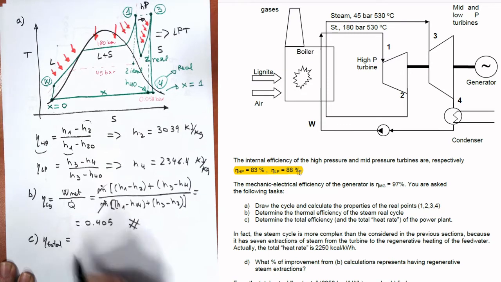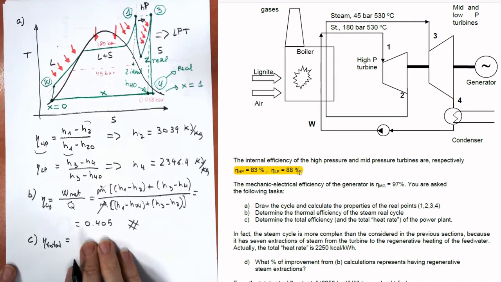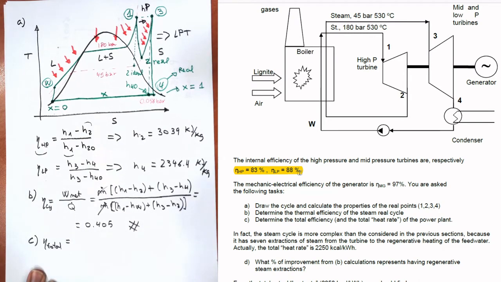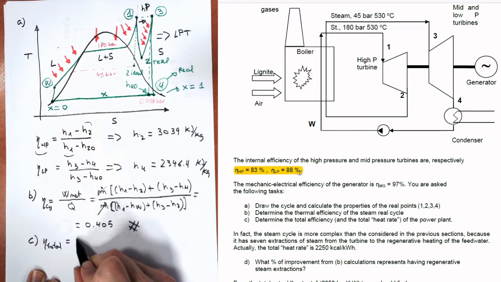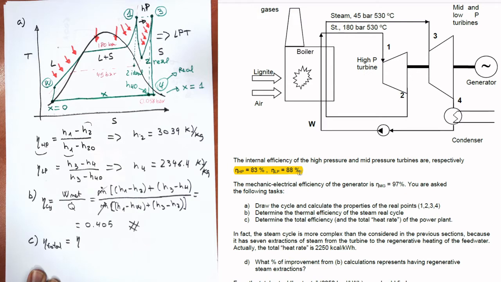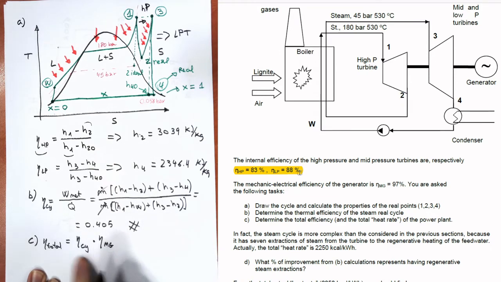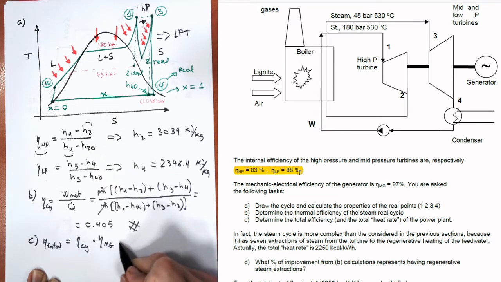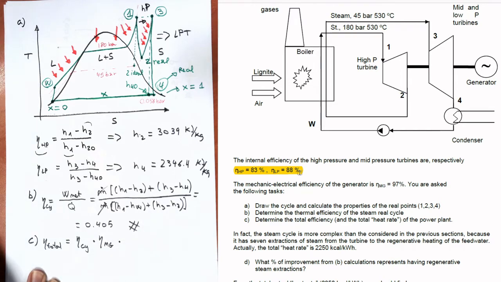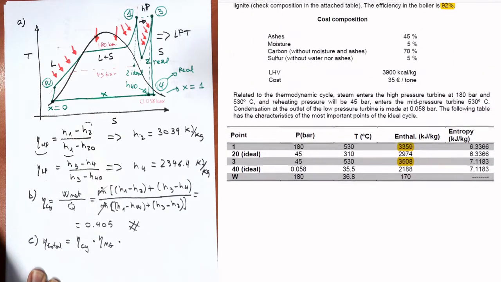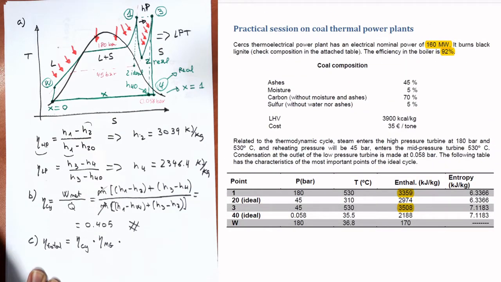Total efficiency will be the efficiency of the cycle multiplied by the efficiency of the generator, mechanical generator, but also we need to multiply by the efficiency of the boiler that we saw at the beginning, because not all the energy from the burning goes to the cycle.